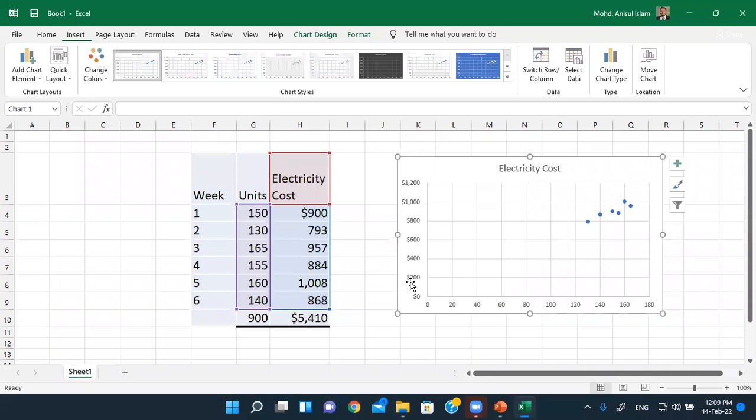I'm not giving the title or editing this, but what do you think? Is it possible to draw a straight line using the dots? And if I draw a straight line, will the dots be closer or far from the straight line? They will be closer.